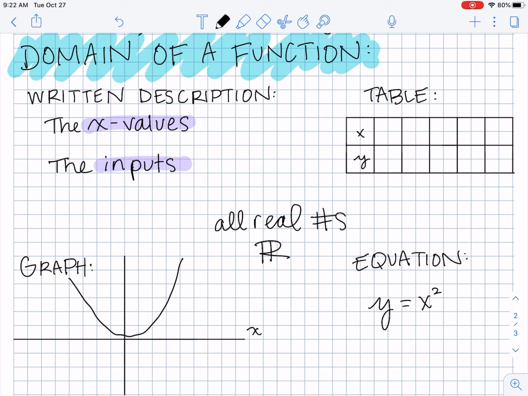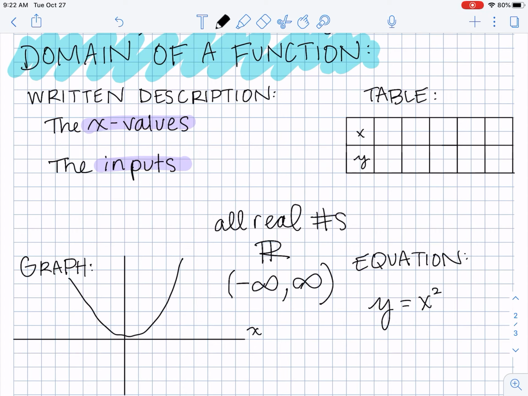And what we learned last class was that we can list that using interval notation, saying our domain goes from negative infinity to positive infinity, meaning all of the values of x are acceptable. If we think about that in terms of an equation, no number that we plug in can't be squared.